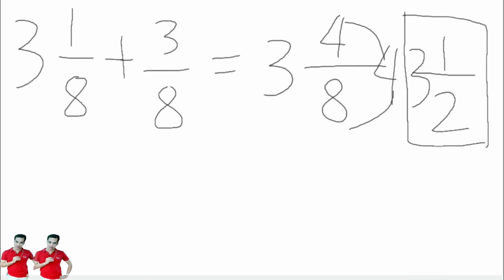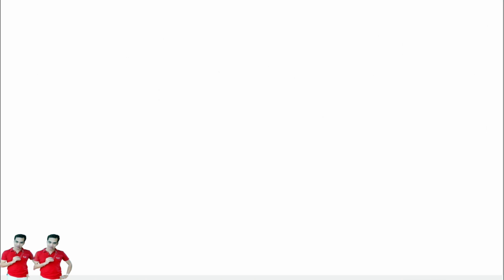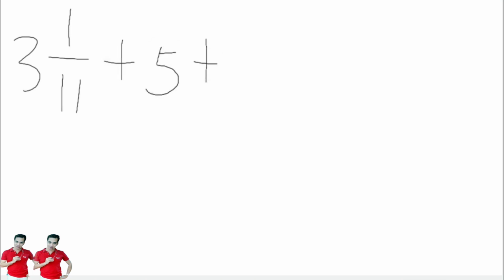Another example. 3 and 1/11 plus 5 and 0/11 plus 11. equals. So first thing to do is to add the whole number. The whole number is 3 plus 5 plus 11.